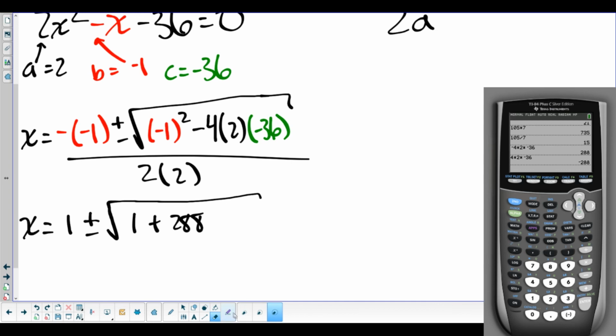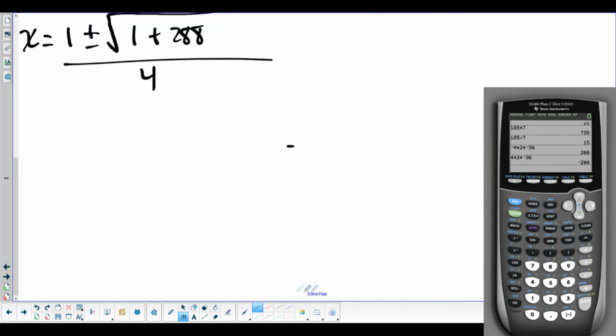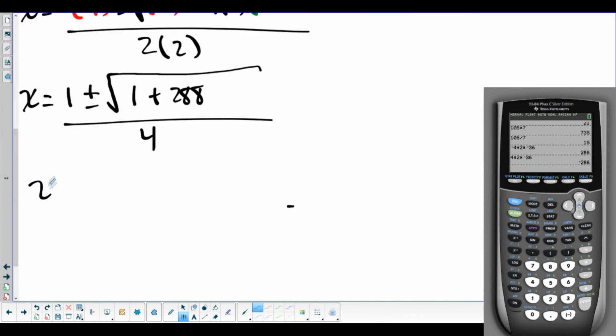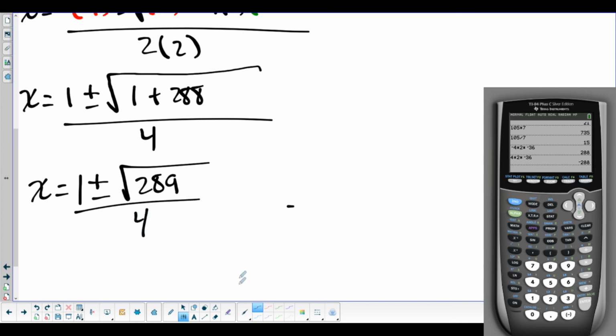Well, I can also just say, now this is all over 2a, which is 4, which means that in total, my equation is this. X equals 1 plus or minus the square root of 289, that's 1 plus 288, over 4. And what you have to do is then figure out, kind of like the last problem, the version where you're adding and the version where you're subtracting, right?